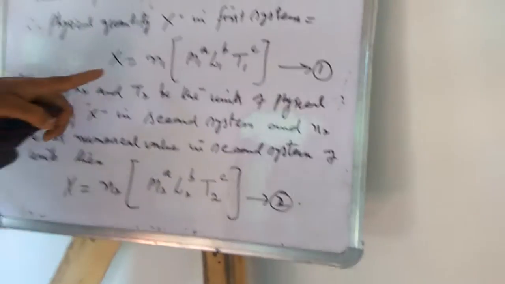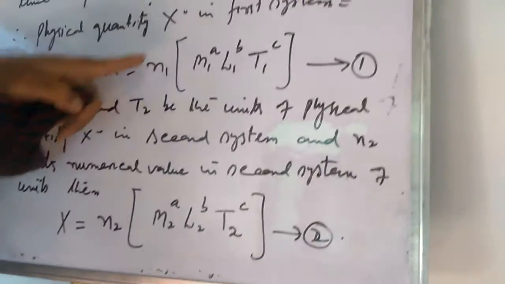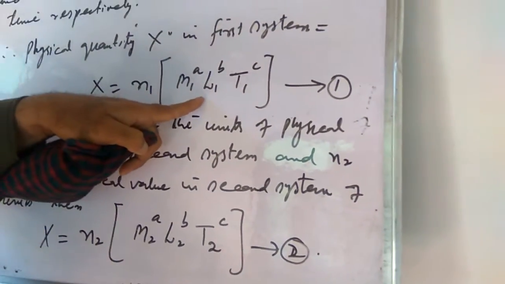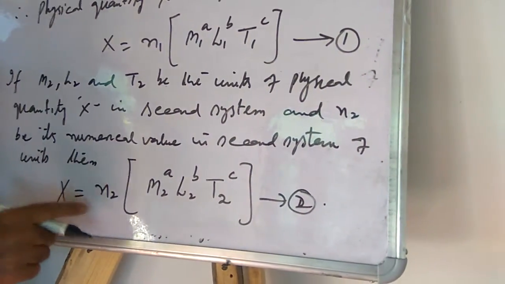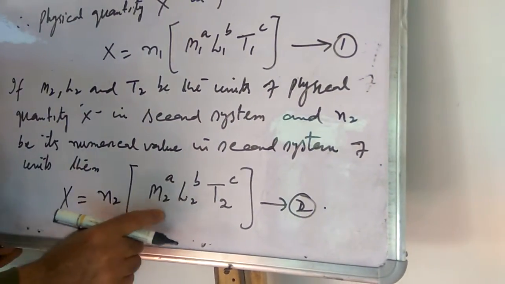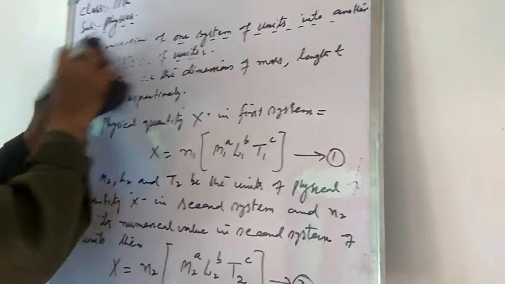This is second. So the same physical quantity in the first system is written like this, and in the second system like this.